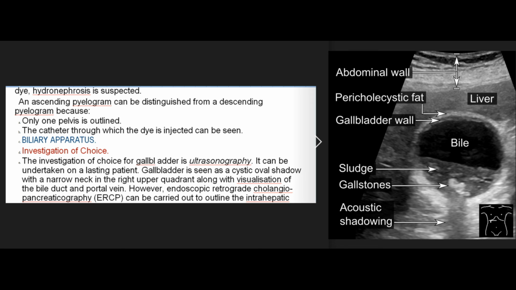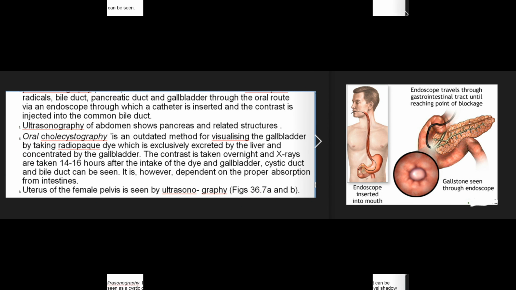However, endoscopic retrograde cholangiopancreatography, ERCP, can be carried out to outline the intrahepatic radicals, bile duct, pancreatic duct, and gallbladder through the oral route via an endoscope through which a catheter is inserted and the contrast is injected into the common bile duct. Ultrasonography of abdomen shows pancreas and related structures.